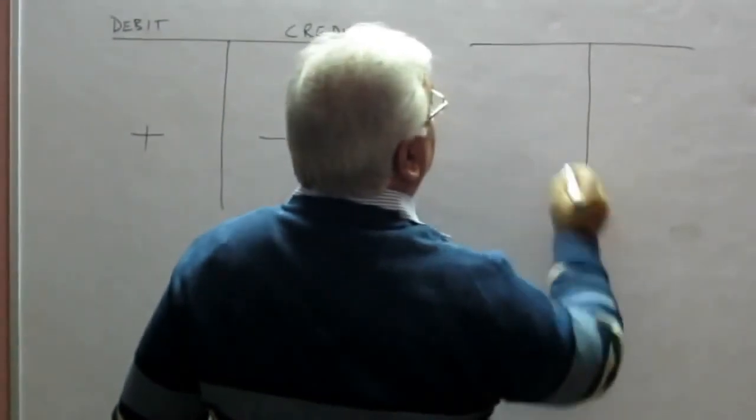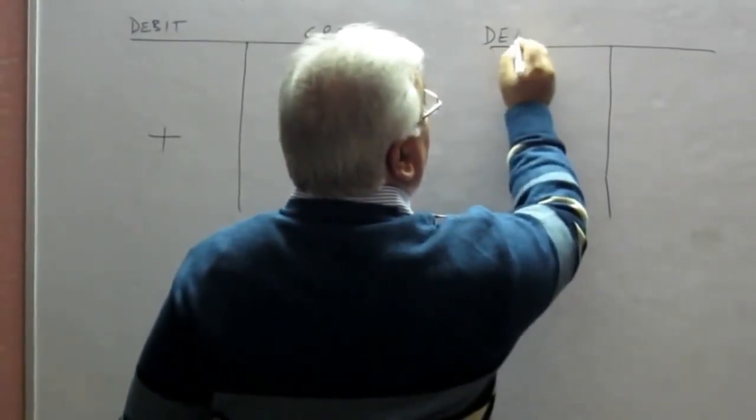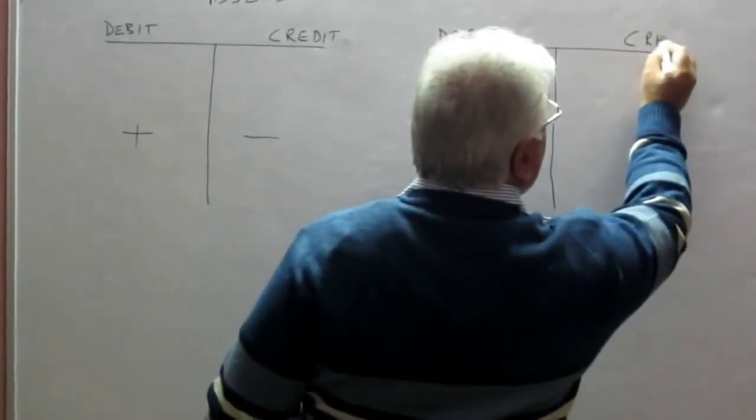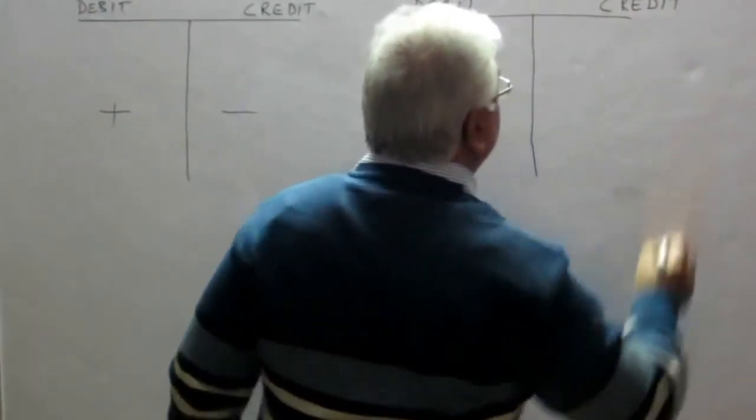And in case of liabilities, again the debit side is the left hand side and the right hand side is the credit side.